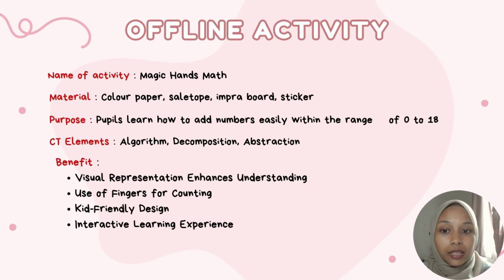The CT elements that I implement in this activity are algorithm, decomposition, and abstraction. The benefits are that visual representation enhances understanding, the use of fingers for counting, and a kids-friendly design and interactive learning experience.